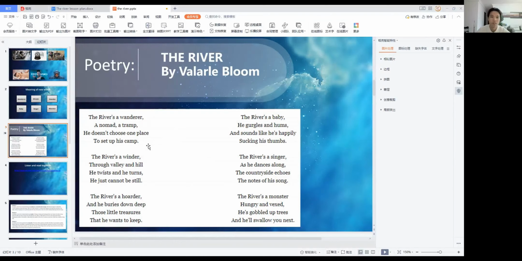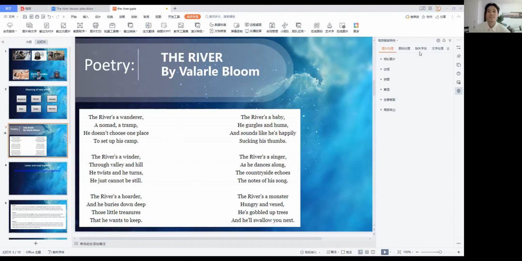The river's a wanderer, a nomad or tramp, he doesn't choose one place to set up his camp. The river's a winder, through valley and hill he twists and he turns, he just cannot be still. The river's a plunger, and he bursts down steep, those little trousers that he wants to keep.